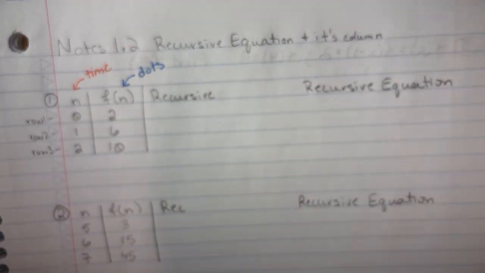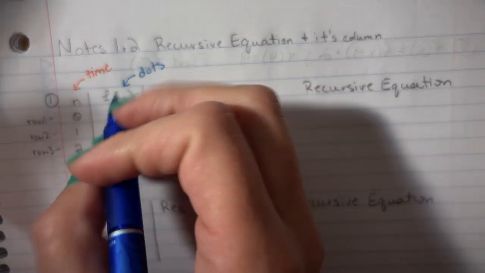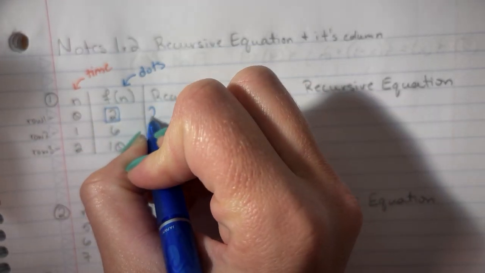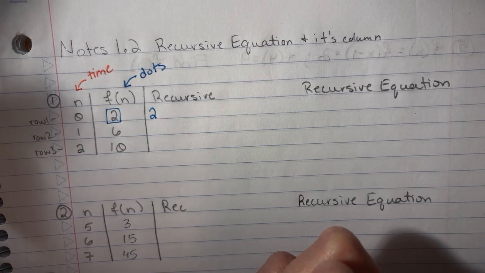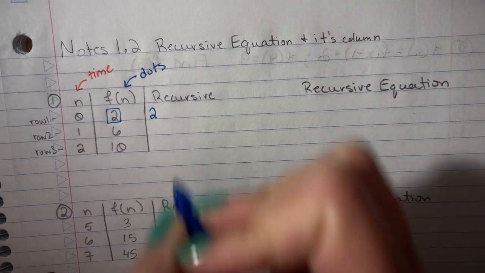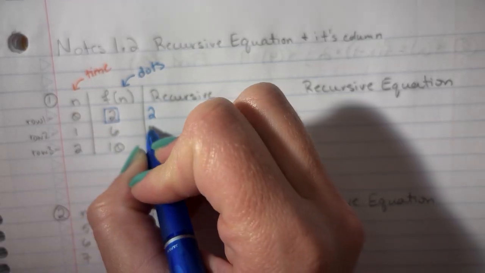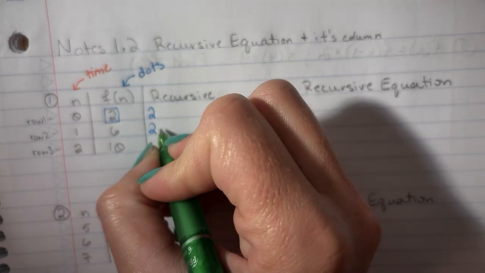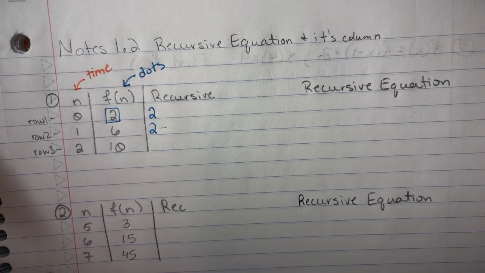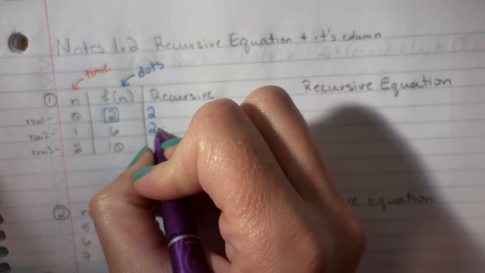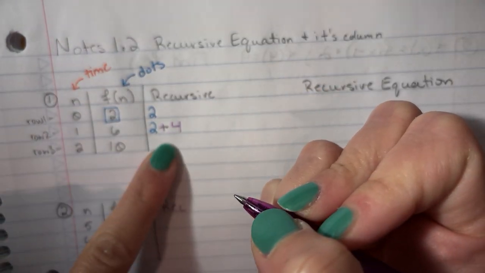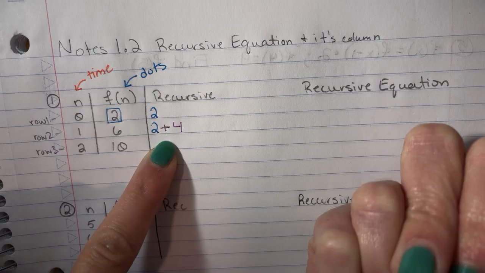So this 2 here is the number we start with, or the dots we start with, and in a recursive, we just start with that 2 in the first column. And then because we're adding by 4, we would write this next row's recursive piece as 2 plus 4, right? Because we had to add one 4 to get that.